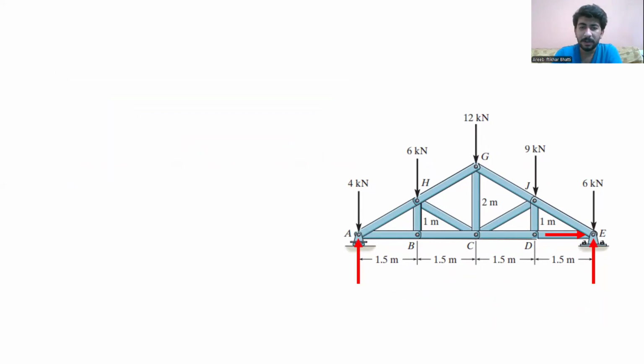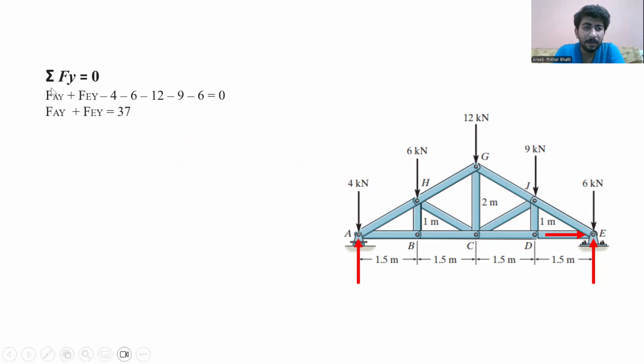To find the reaction force, we can take the sum of Fy. You are seeing that we have force Fay, and we have plus Fey, which is the force acting at point E. And we have -4, -6, -12, -9, and -6 forces.